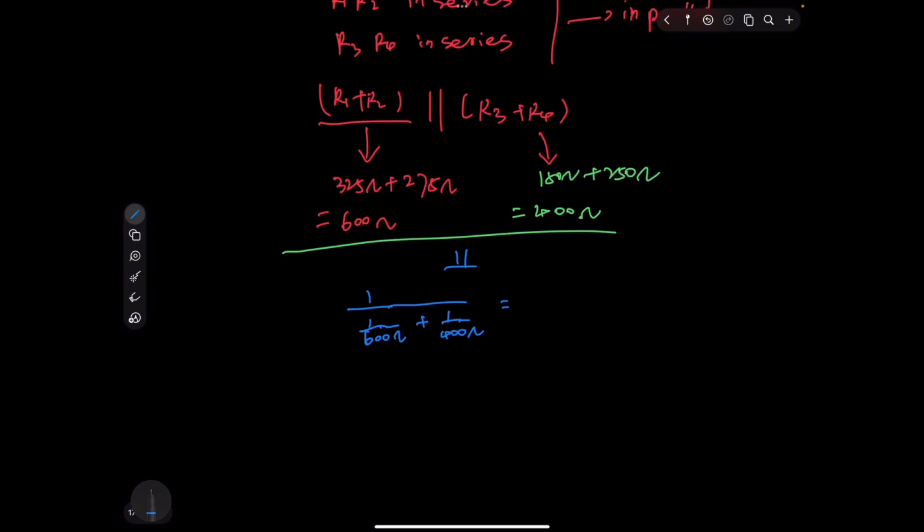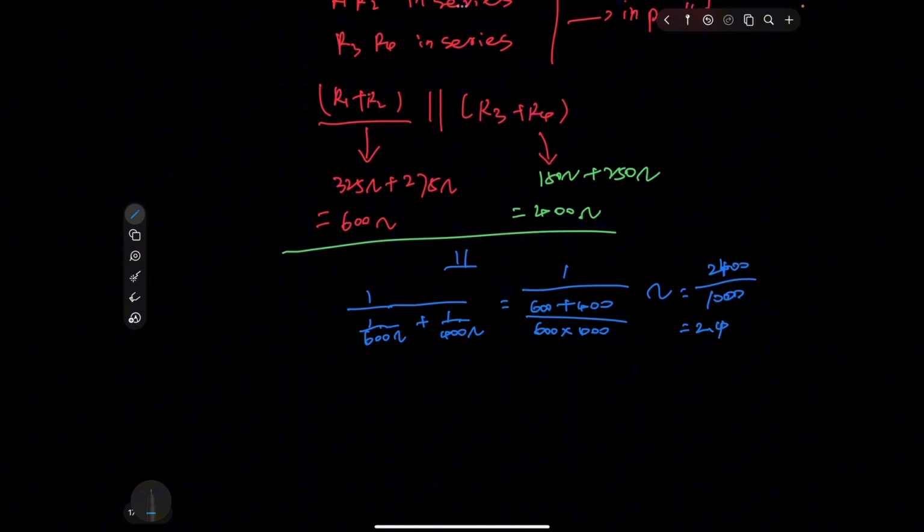That will give us 1 over, so 600 times 400 over 600 plus 400, which is 240,000 divided by 1,000. That's 240 ohms.